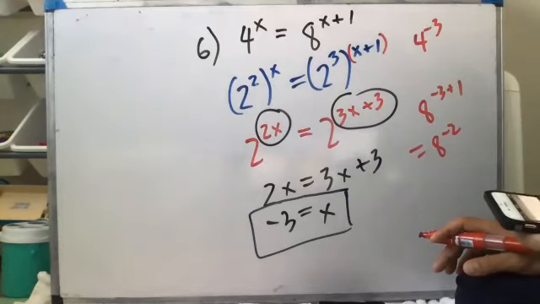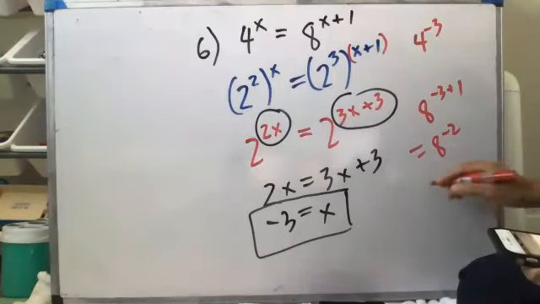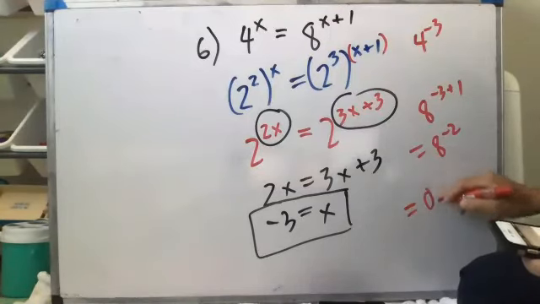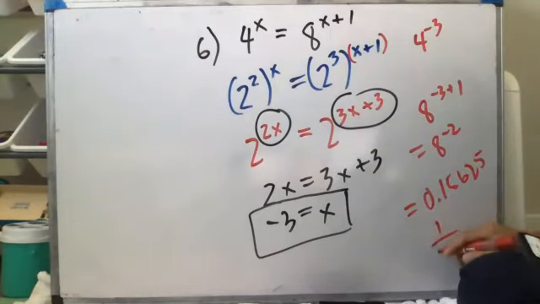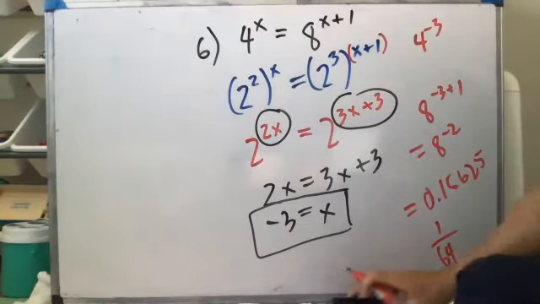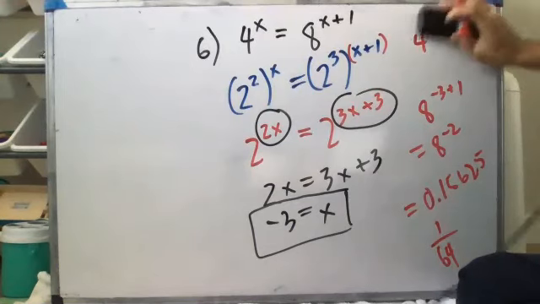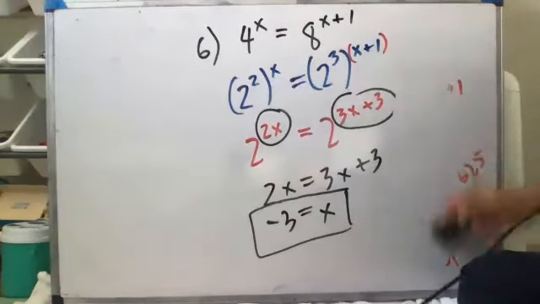And 8 to the negative 2 is the same thing. So both of these are equal to 0.15625, or really just 1 over 64, yeah? 8 squared, 64. So yeah, they're both the same. That means we got the right answer.